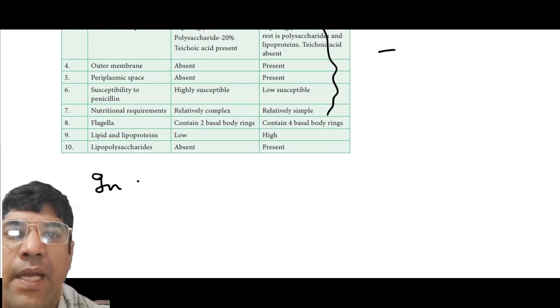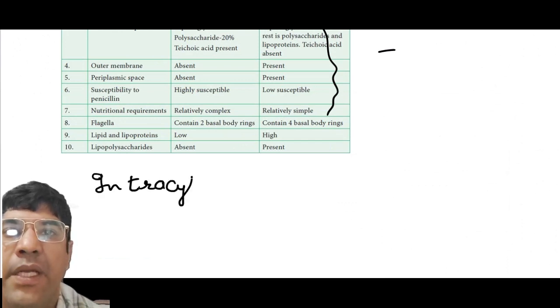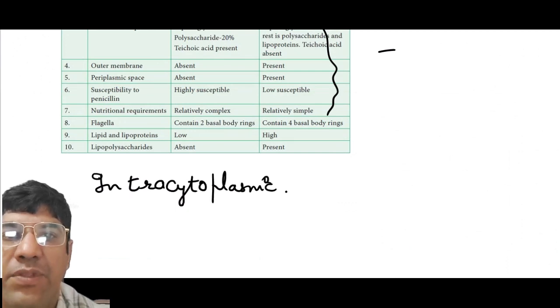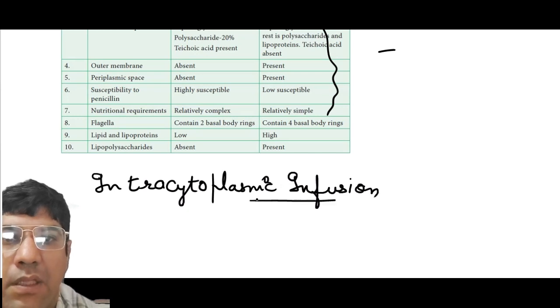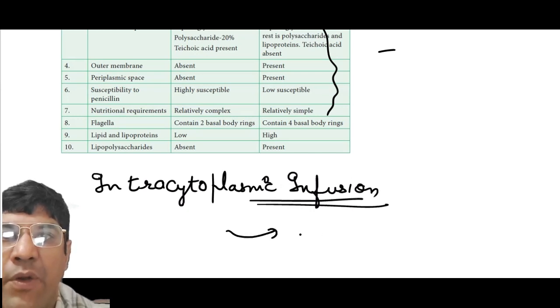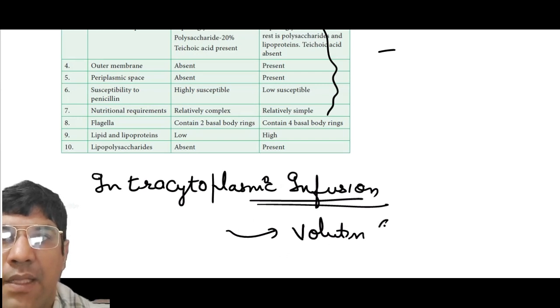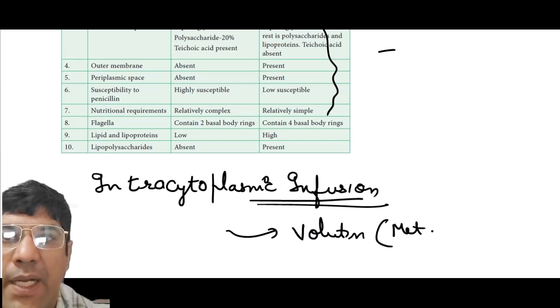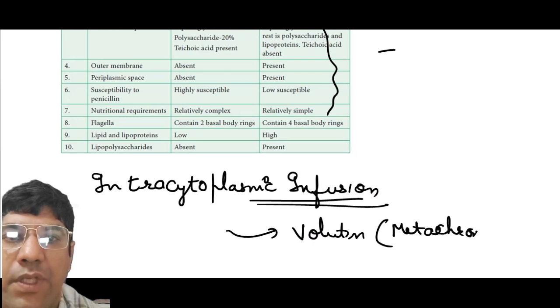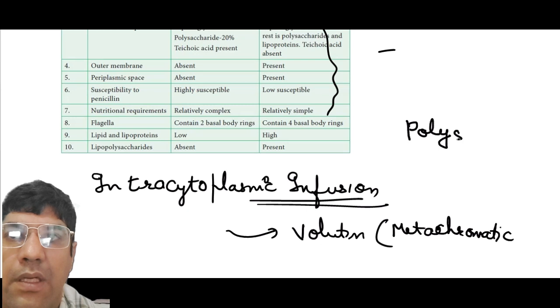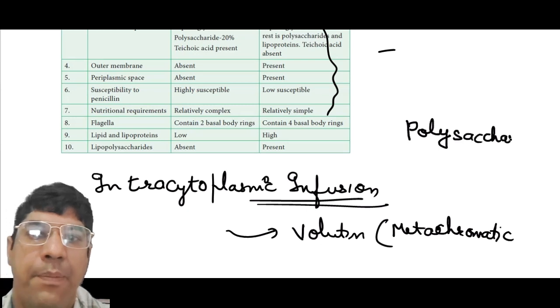Apart from that, you can get intracytoplasmic inclusions. These are the granules that are found within the bacterial cytoplasm. The granules may be volutin granules, polysaccharide granules, or lipid inclusions.